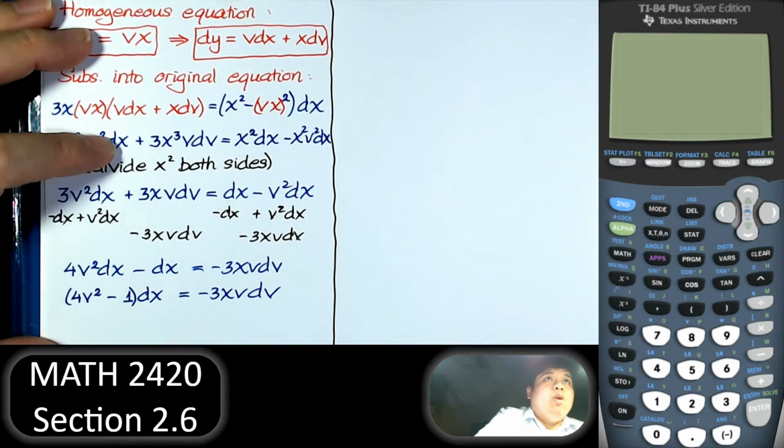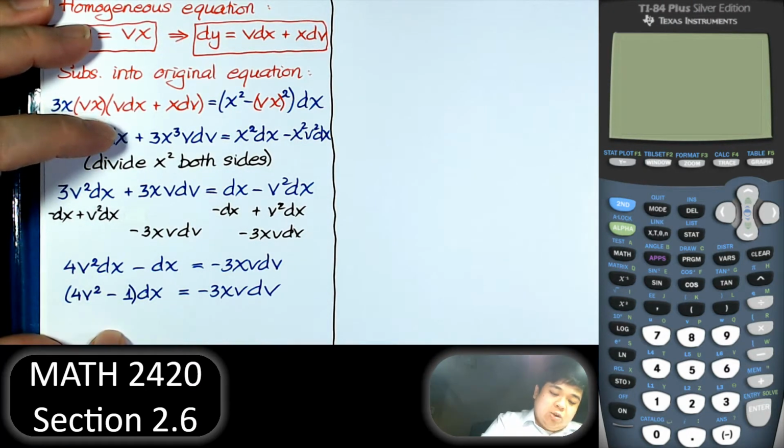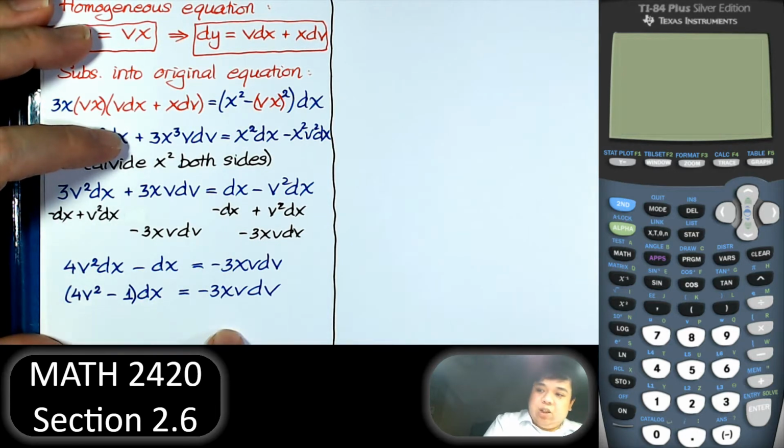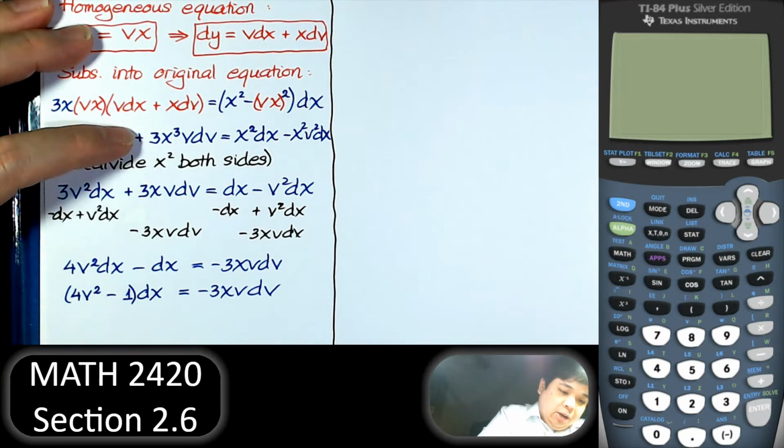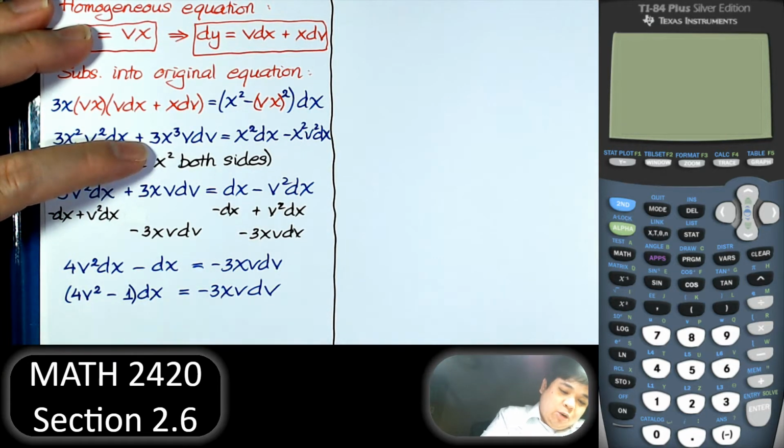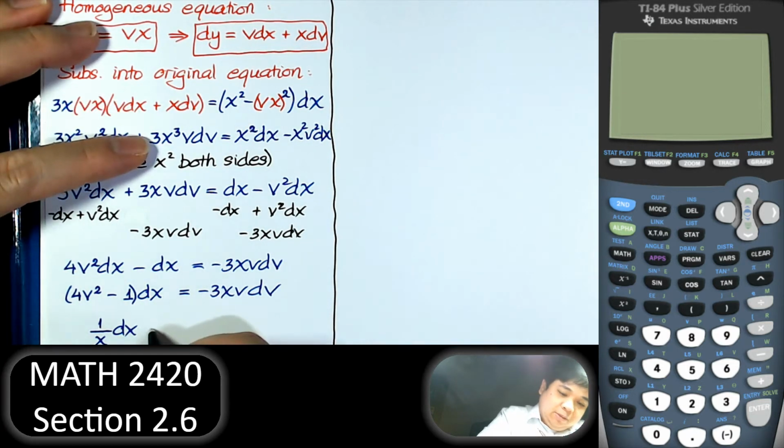To get a separable equation, what we do is move the x to this side and move that to the other side. So I divide by x on both sides. So I have 1 over x dx. Move the x to this side and move the 4v squared minus 1 to the other side. In that case, I still have negative 3v on the top. Just move the x down and move this down.